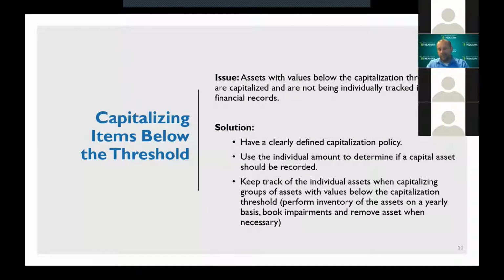Determine whether it's individual price versus a group of assets and expense those off. Or you have the option to keep track of the individual assets when they're capitalized, perform an inventory of the assets yearly, book impairments, and remove assets when necessary. Next slide.